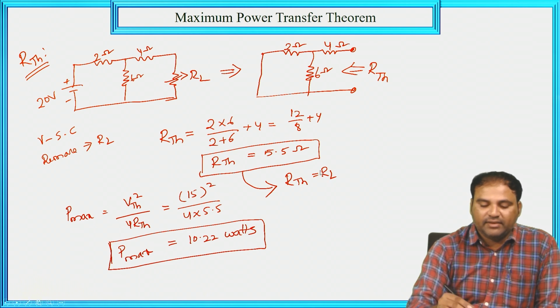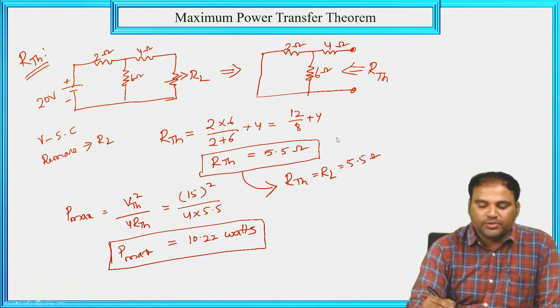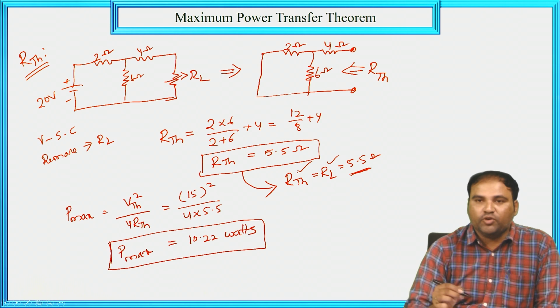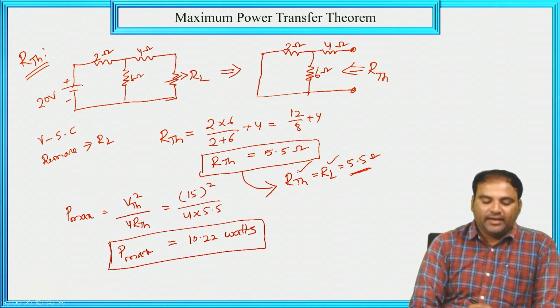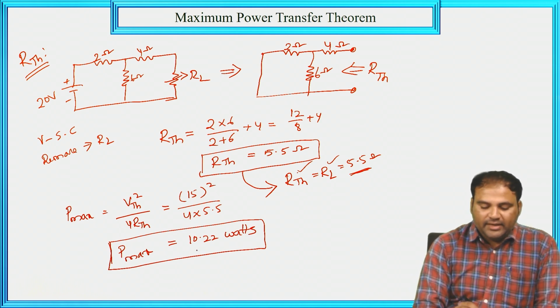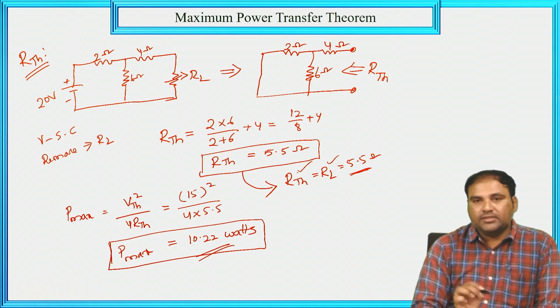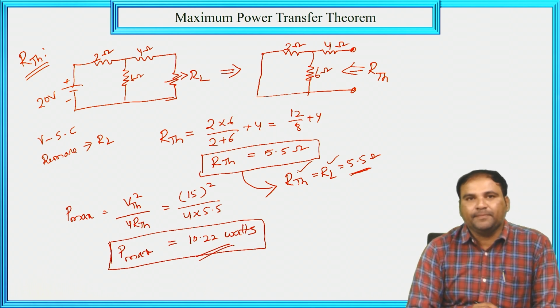The Thevenin's resistance is 5.5 ohm. So RTH or RL, the RL value is 5.5 ohms, and the maximum power is 10.22 watts. This is the calculation of the maximum power transfer theorem.